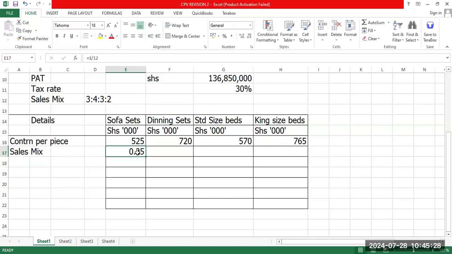So you can maintain 2 decimal points or 3 decimal points. That's what you have, colleagues. Then here it is 4 divided by 12. I get this, but I can use 3 decimal points.